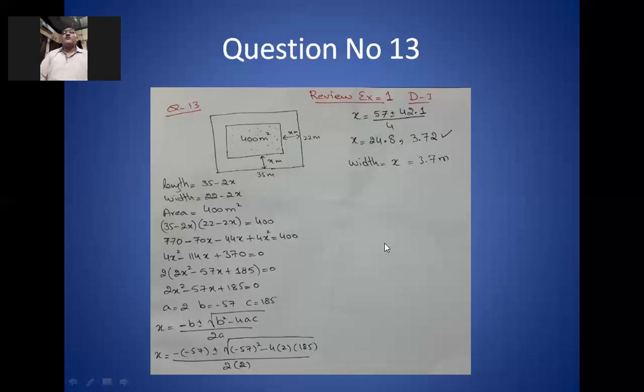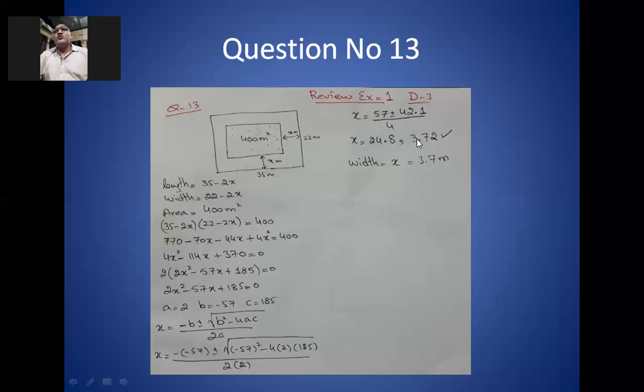In your calculator, you will write 57 plus 42.1 equals to, divided by 4 equals to. So your answer will be 24.8. And the second option will be 57 minus 42.1 equals to, divided by 4 equals to. So you will get 3.72.